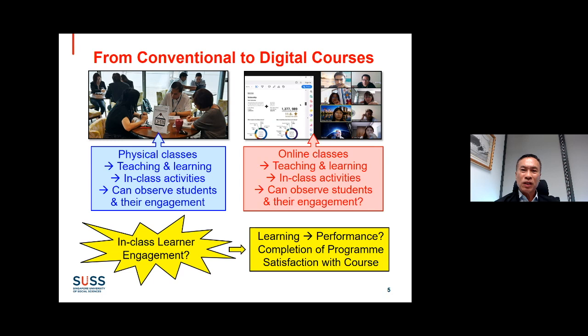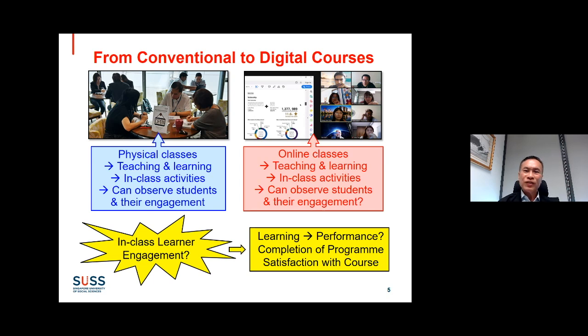We want our students to learn well, we want them to perform well, we want them to graduate, we want them to be satisfied with the course that they're taking, with the program that they're graduating from. So one very important aspect that influences all these is learner engagement.